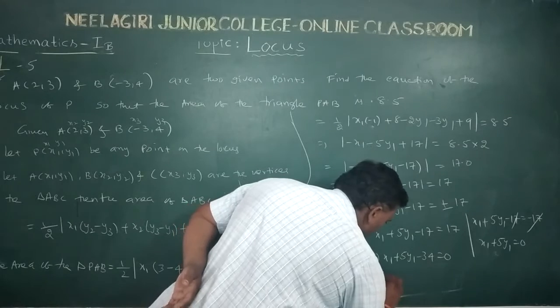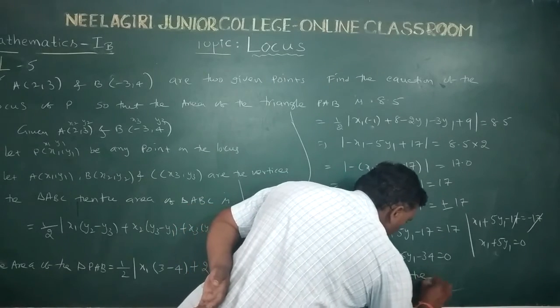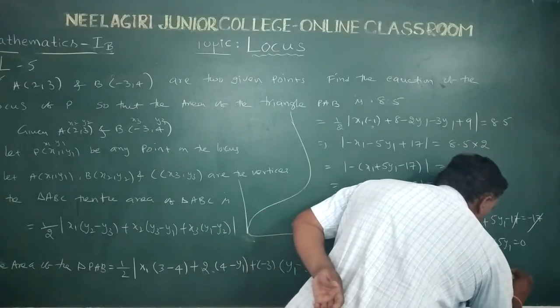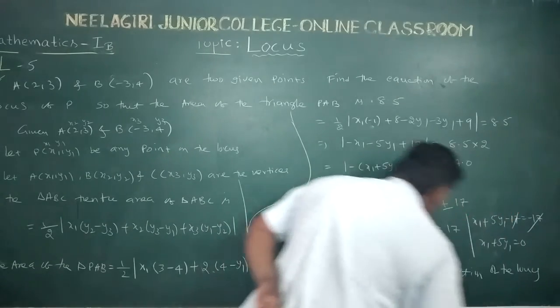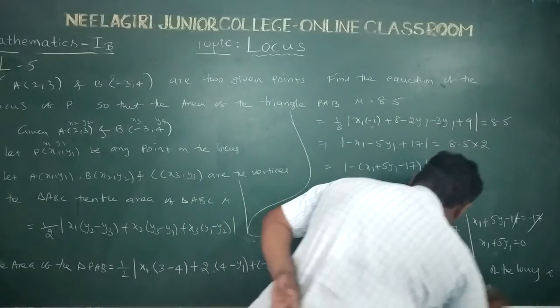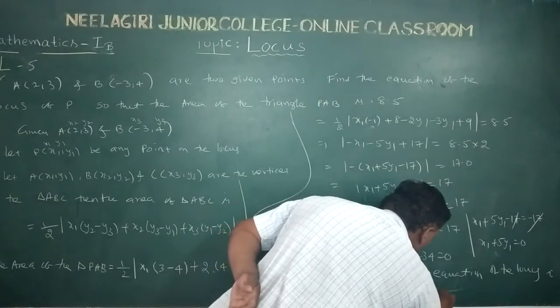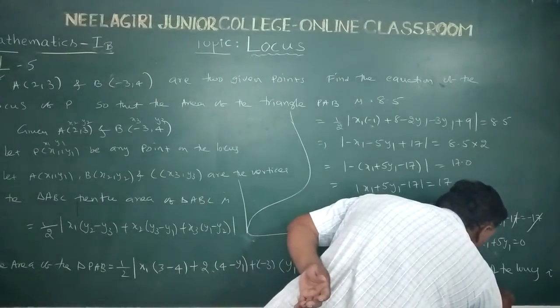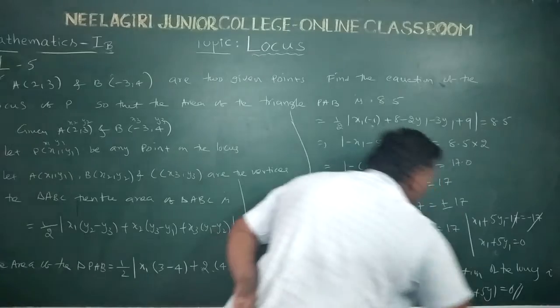Hence the equation of the locus is (x + 5y - 34)(x + 5y) = 0.